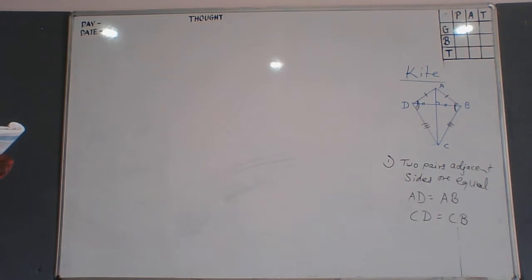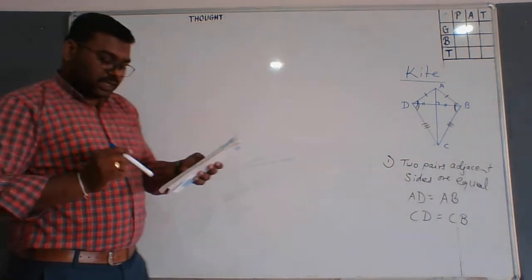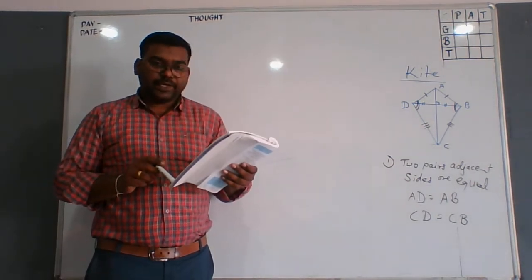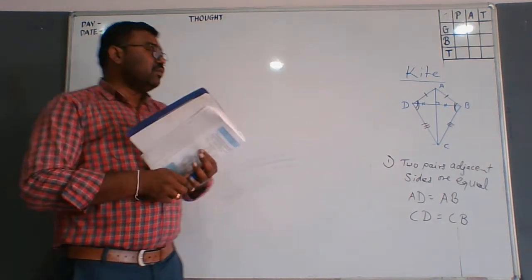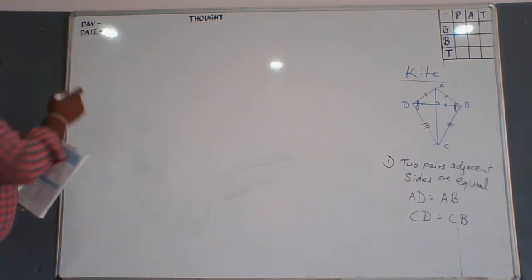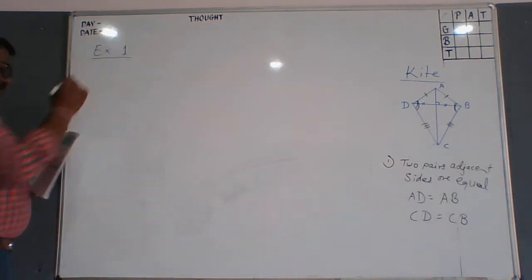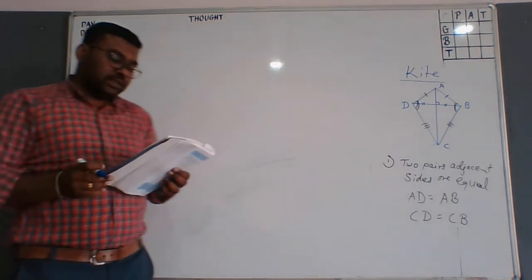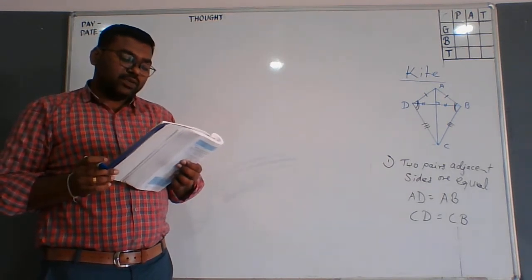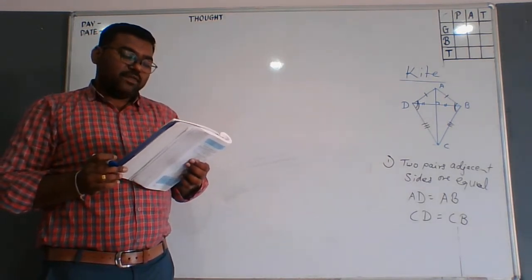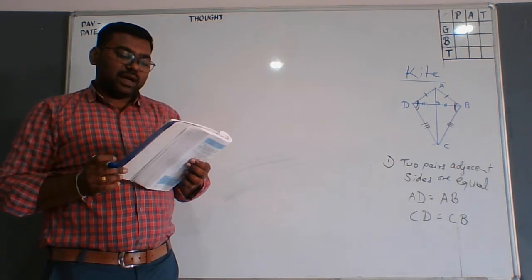See this page number from the textbook, page number 195. Example number 1, we are solving. Question is, prove that consecutive angles of a parallelogram are supplementary.